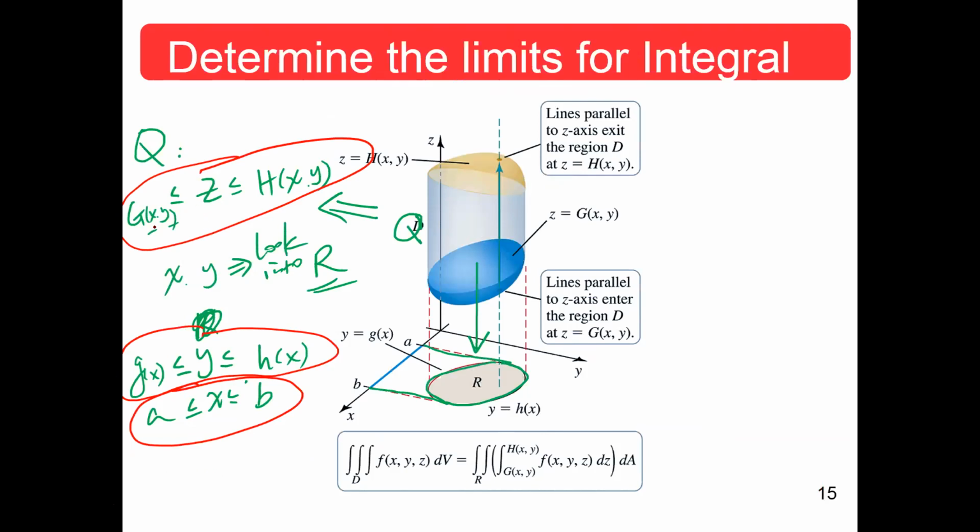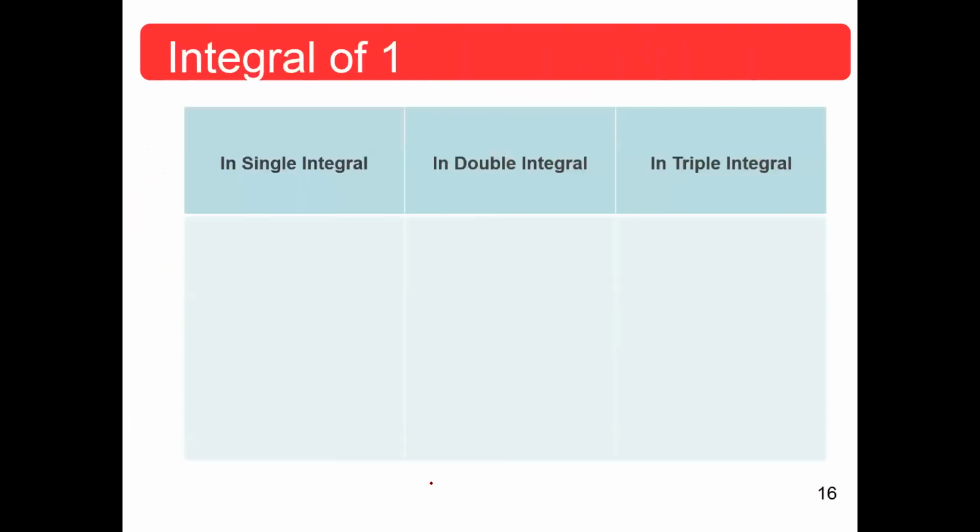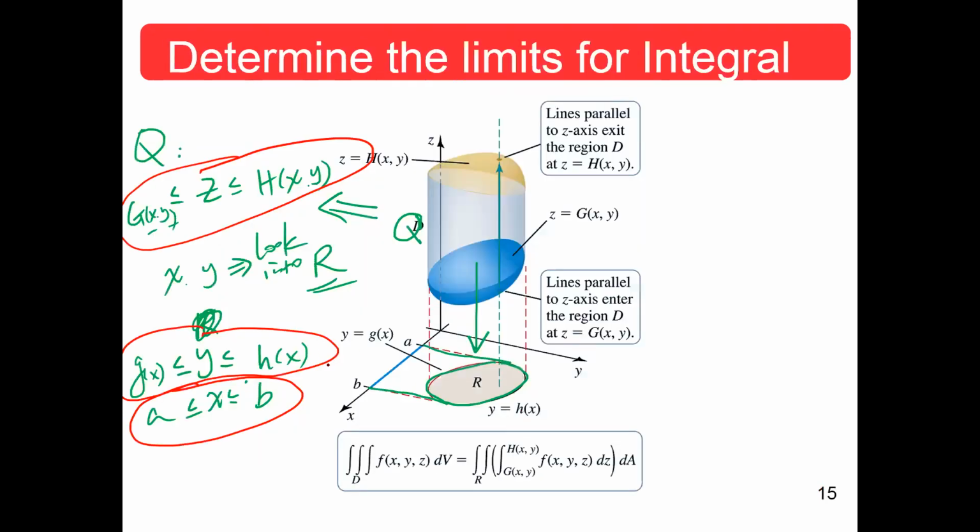So z is between functions of two variables, x and y. y is only between functions of x, and x is bounded by two constants. Then it's easy for you to put the limits on this triple integral. We'll see some examples in a minute of setting up the triple integral.